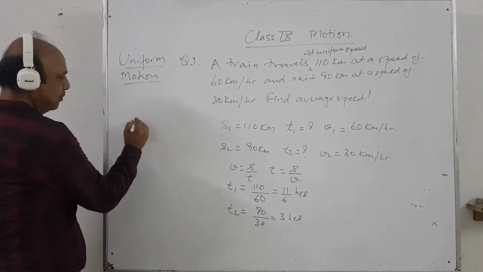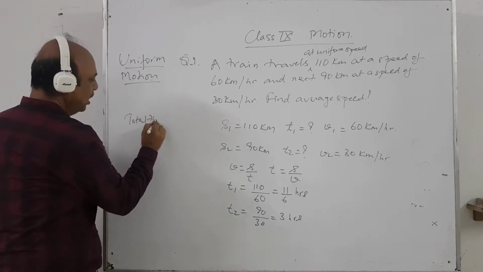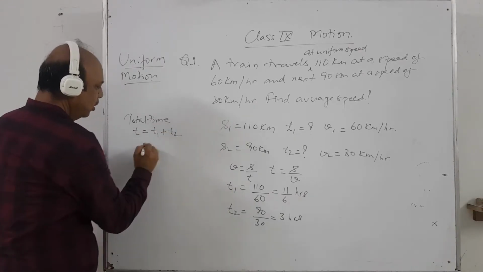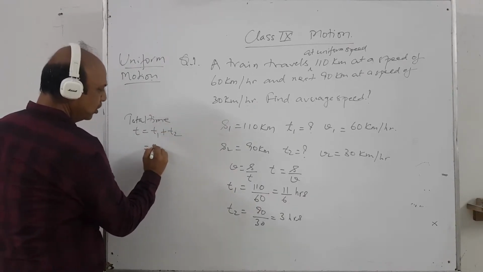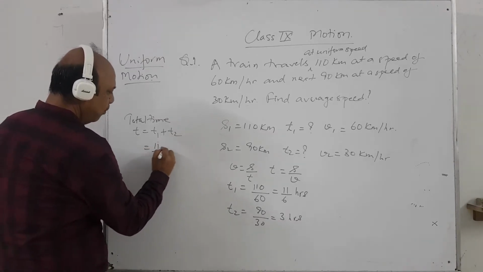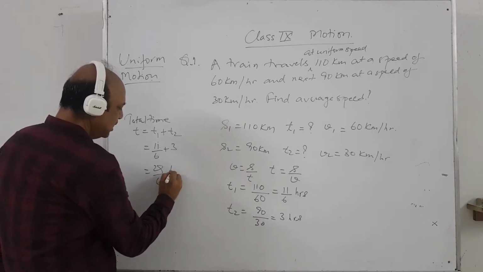Total time T is equal to T1 plus T2, which is equal to 11 by 6 plus 3, that is 29 by 6 hours.